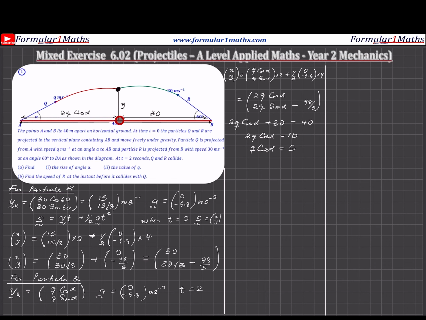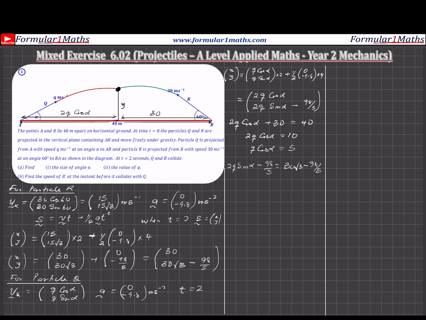And as we've discussed before, this length here for both of them is the same. So we can equate the y components of the vectors. So it means that this is equal to that one here. So I have 2q sine alpha minus 98/5 will be equal to 30 root 3 minus 98/5.